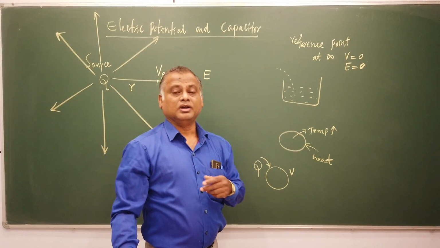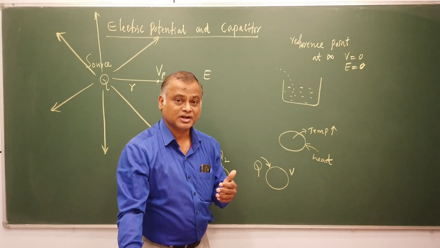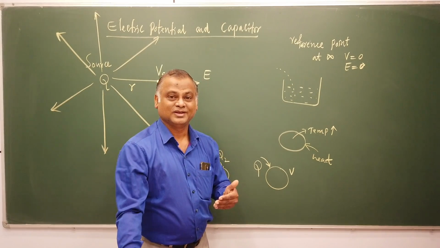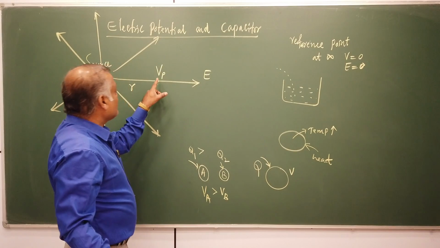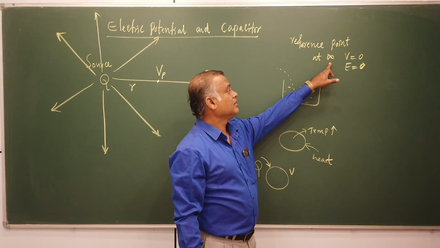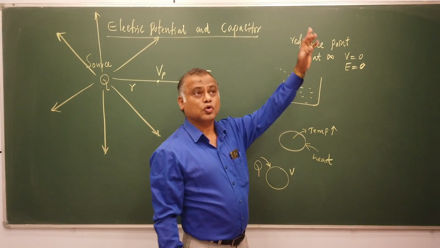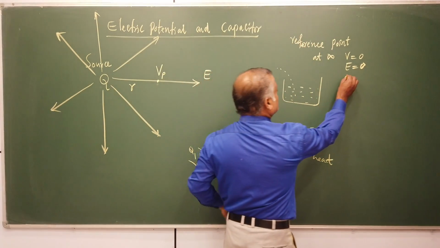The temperature of the room, you will say 30 degrees Celsius. What is the reference point? 0. Like that, to determine a potential at a point, I must have some reference point. We choose the reference point as infinity. Don't go to infinity; usually we take that as earth.